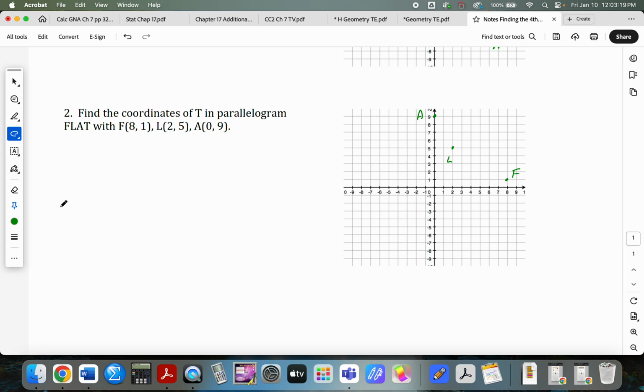We've got to connect them in consecutive order. So F goes to L. And then L goes to A.